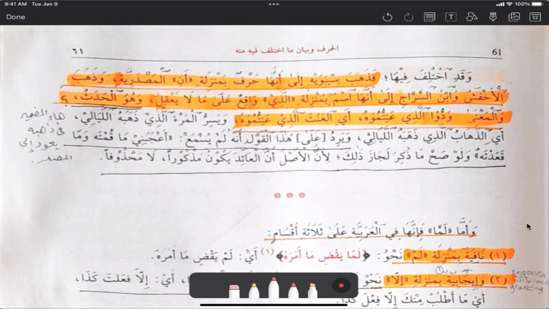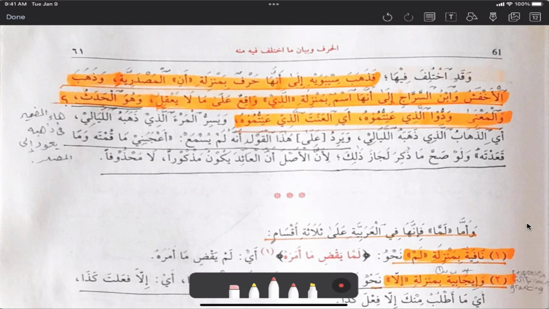And Al-Akhfash and Ibn Sarraj went to the position that ma is a noun, meaning "what" or "that which," واقع على ما لا يعقل, and it would be applying to something that's devoid of intellect.